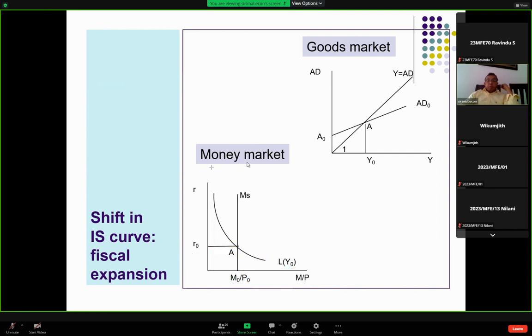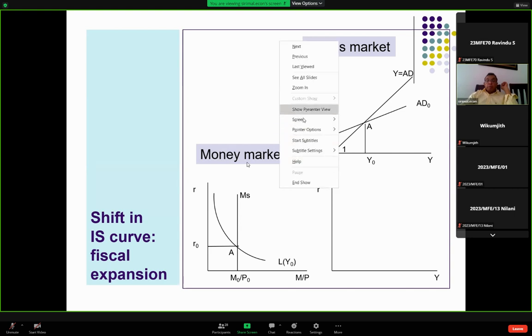So now after we place these two markets, output market and money market, in the two places, then we can draw the IS-LM framework connecting both like this. You can see the interest rate is here corresponding to this interest rate axis in the money market, and the output is here corresponding to the output in the output market.